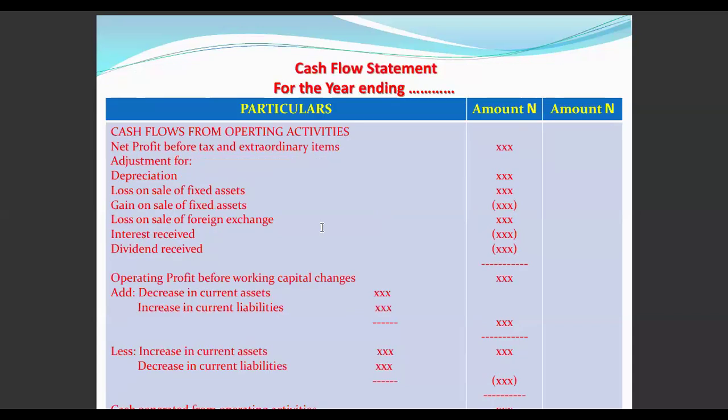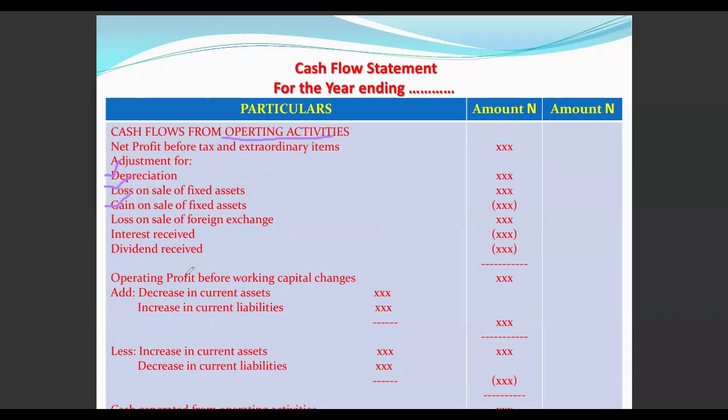We have first cash flow from operating activities. In operating activities, we have net profit, then we have adjustment for depreciation, loss on fixed asset, gain on fixed asset, and so forth.